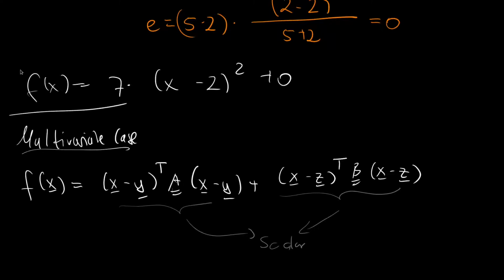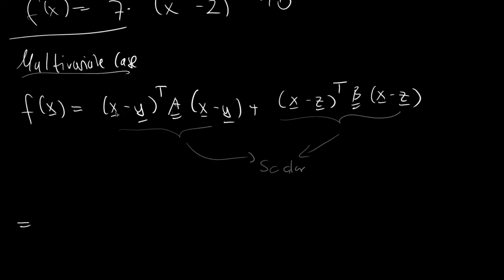Then let's pursue a similar strategy as before by just multiplying out whatever we have here. Then we're getting first x transpose Ax, and then we're getting x transpose times minus y, which will be minus x transpose Ay. But later on, we will also be getting minus y transpose Ax.